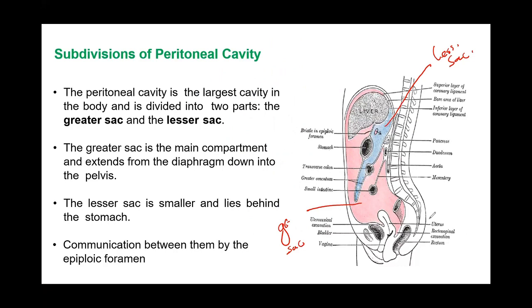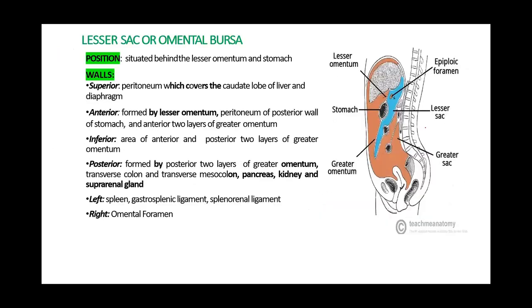Now, if you look at this diagram, you can see this is the epiploic foramen. And you will see the clinical significance of dividing these into different compartments or cavities. Now, we've seen that the greater sac is the bigger compartment of the peritoneal cavity.